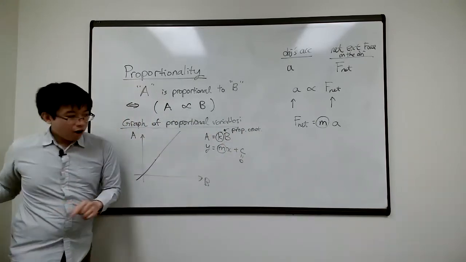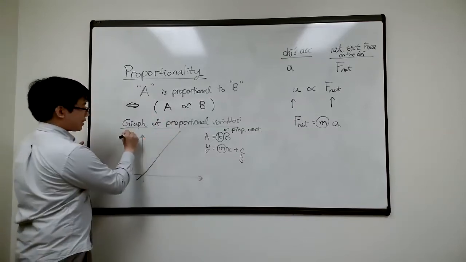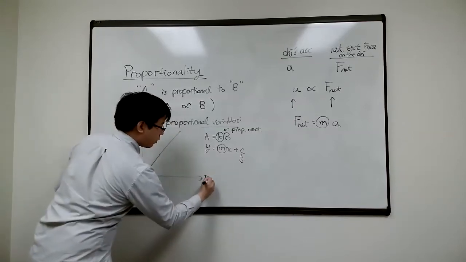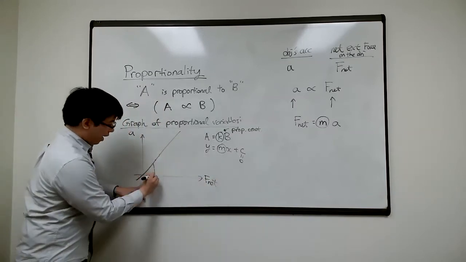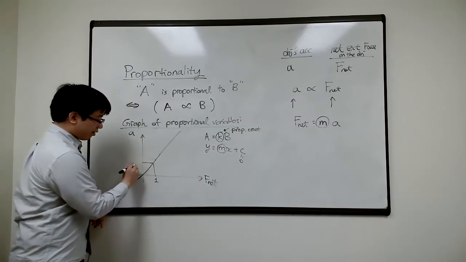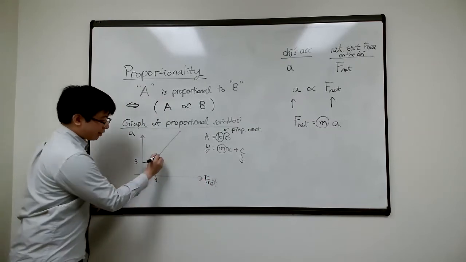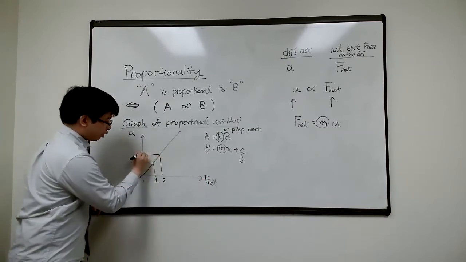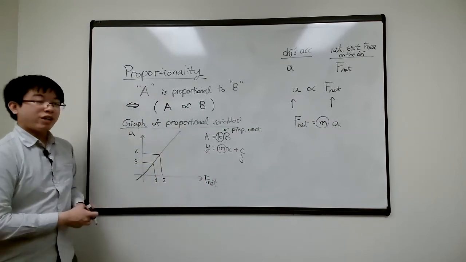In our case, the acceleration of an object is proportional to the net force you apply on it. If you apply 1 unit of force, you will get a certain amount of acceleration, let's say 3 meters per second squared. If you double it, you should get 6. So it will follow a straight line like this.